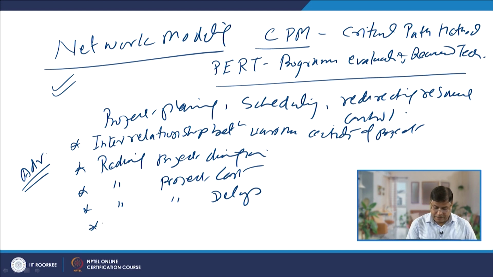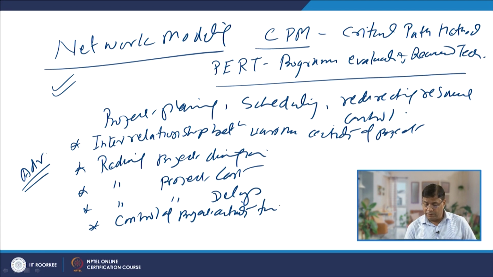These are some of the benefits, and if some uncontrolled situation arises wherein there is a possibility of delay, then it helps in effective control of the project activities for timely completion. And how is it realized?